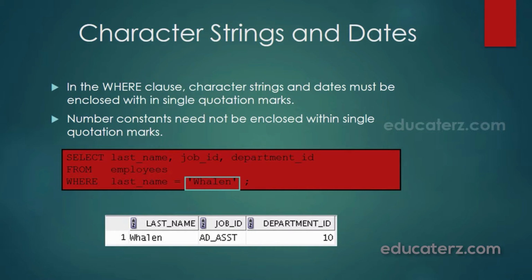Character strings and dates. You can use character strings and dates in the comparison in the where clause. Character strings and dates must be enclosed within single quotation marks. And number constants need not be enclosed within single quotation marks.